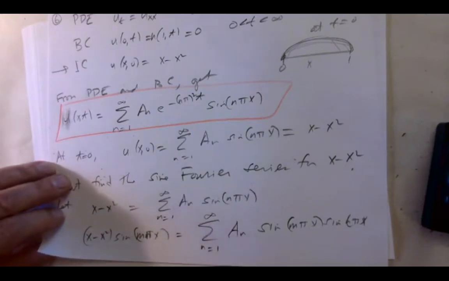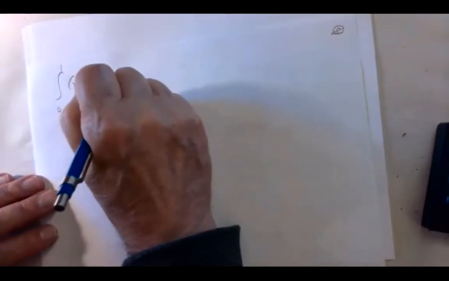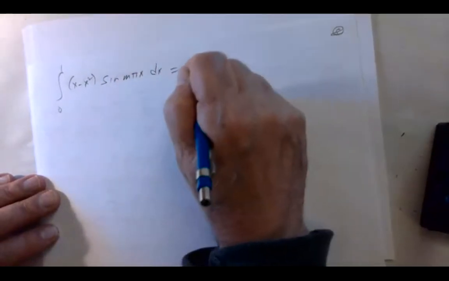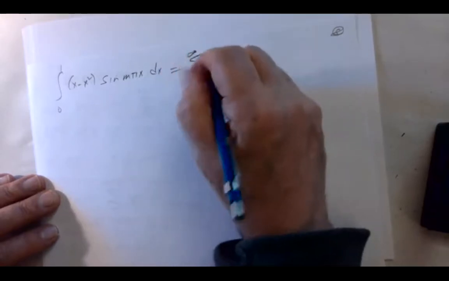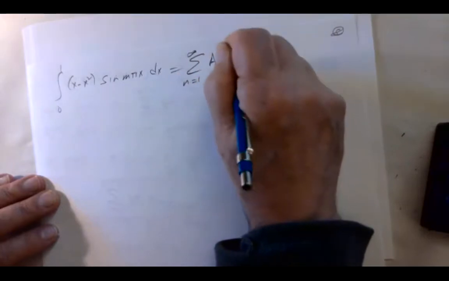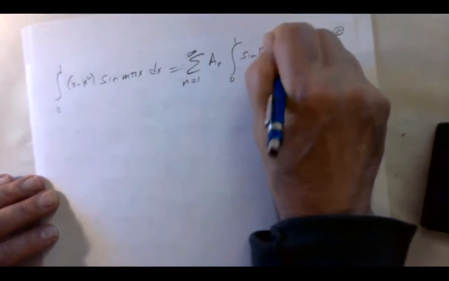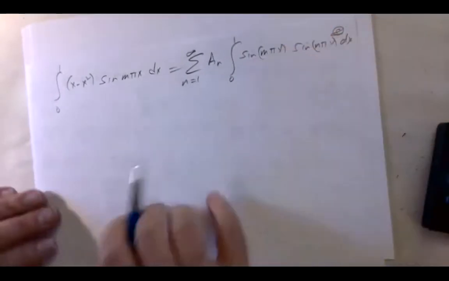Integrate from 0 to 1, we get the integral from 0 to 1 of x minus x squared sine of m pi x dx is the sum from 1 to infinity, a sub n, integral from 0 to 1 sine of m pi x sine n pi x dx.